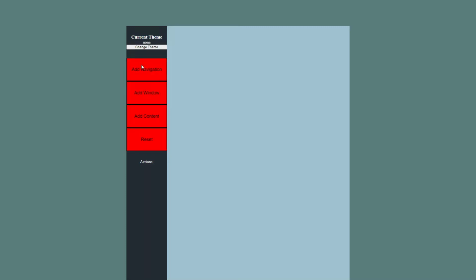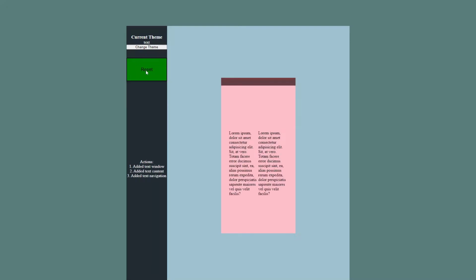Just so you know, I added some detail: if there's no theme, you can't click on these different buttons. With the themes themselves, we can add objects like a navigation, a window, and content. Before we can add content, we have to add the window, then we can add the content, and then we can add the navigation. And then we can reset it, and it clears up everything.